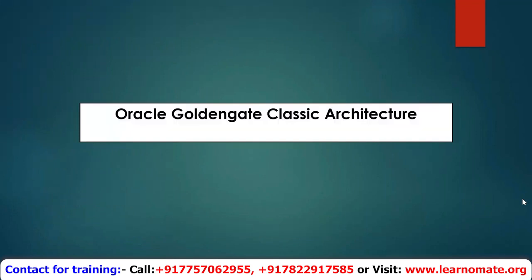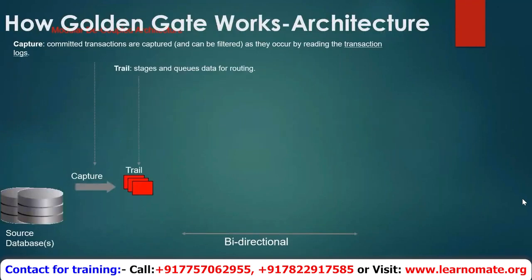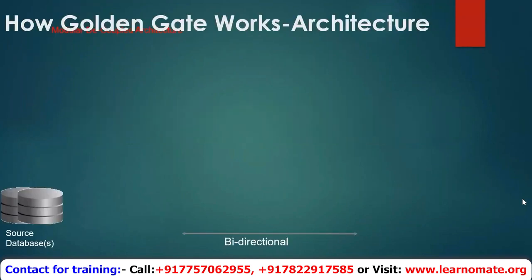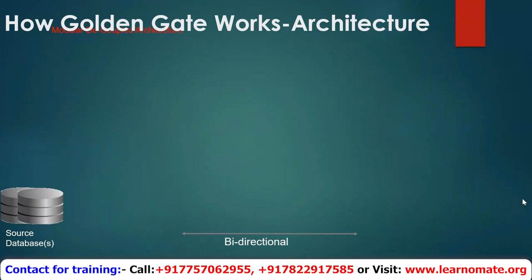Now, just to give you a quick overview of the architecture of classic, how does the classic architecture work? So in GoldenGate, you have a source database and a target database. Each database has its own transaction logs from where the changes are captured.